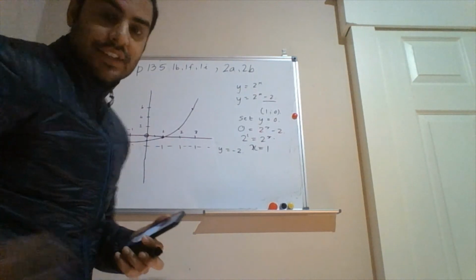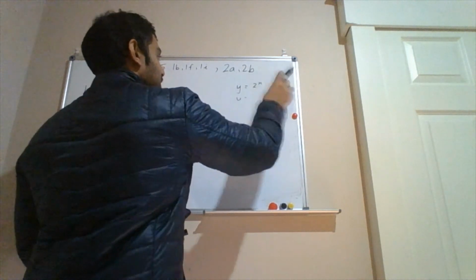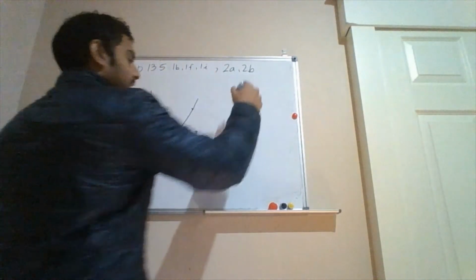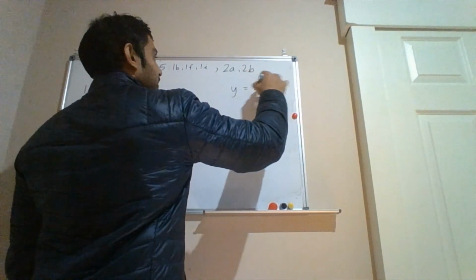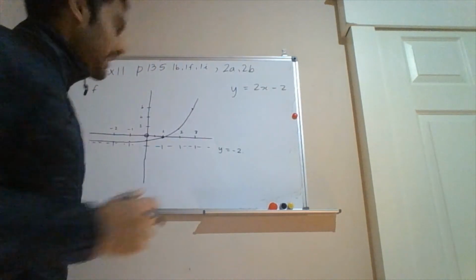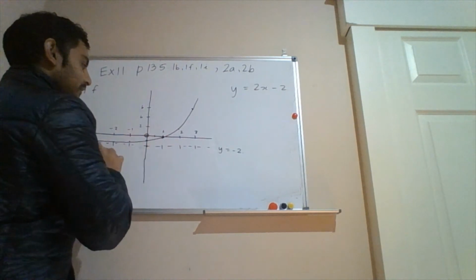So that covers the exponential graph, and now I just need to do the straight line. So our straight line had the equation y equals 2x minus 2. So our y-intercept is at -2.